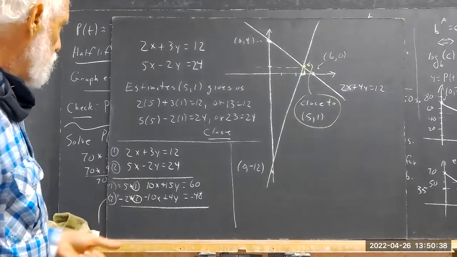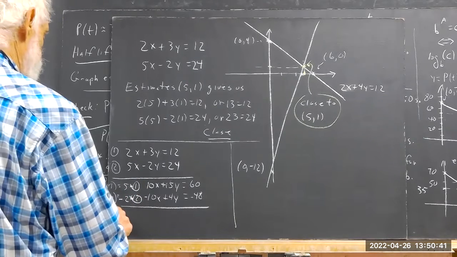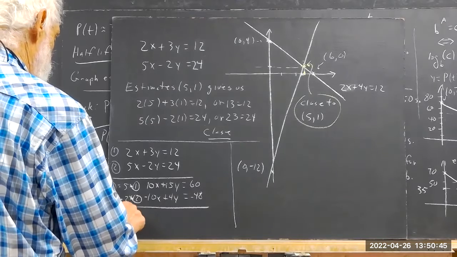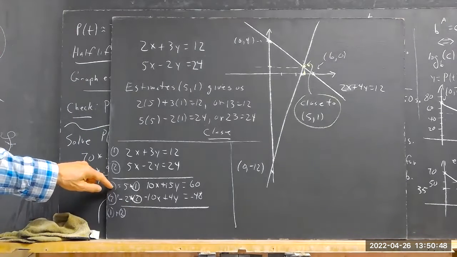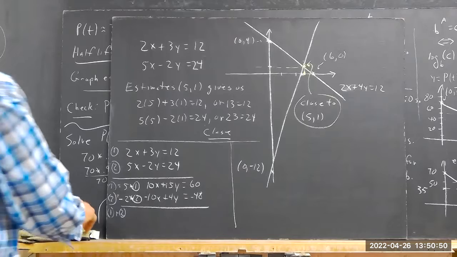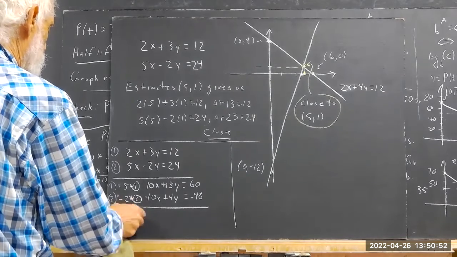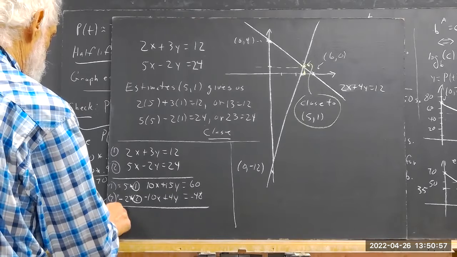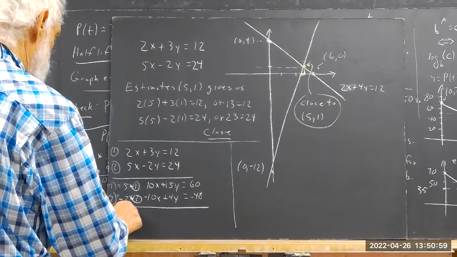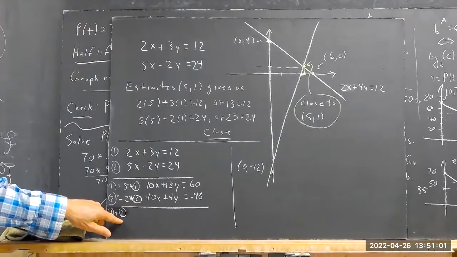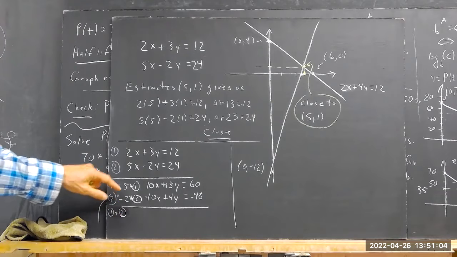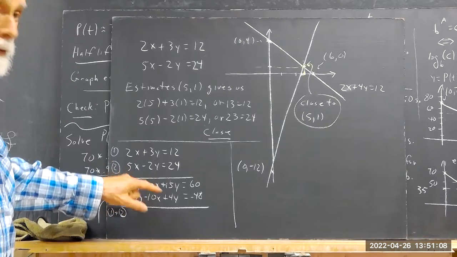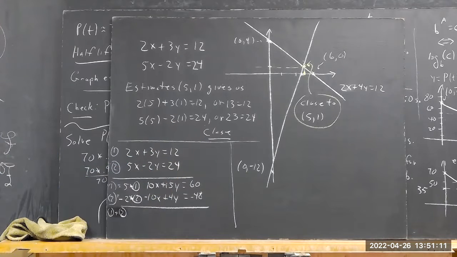Now what do I get if I add my new equation 1 to my new equation 2? So the circle 1 and the circle 2 now refer back to equations 1 and 2 in the previous step. Okay. So if I add this equation to this equation, write down what you get.